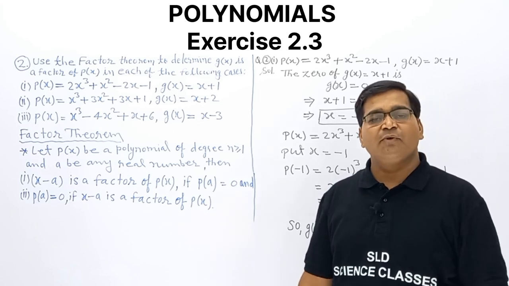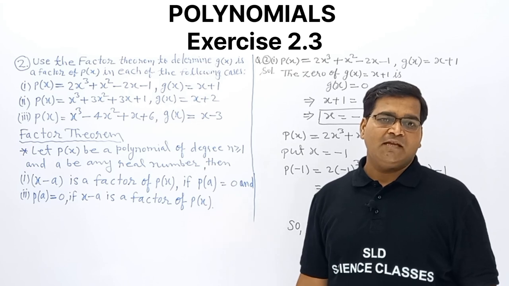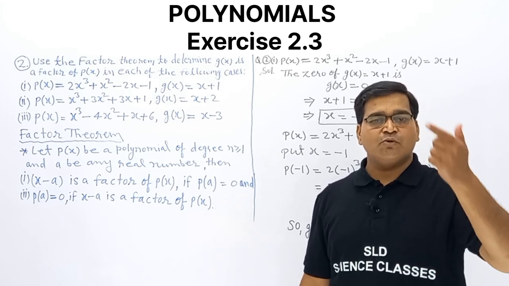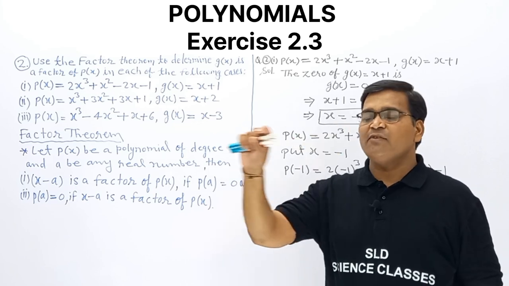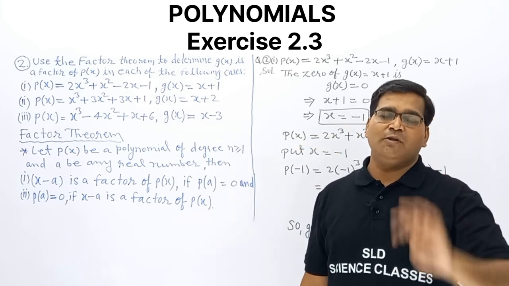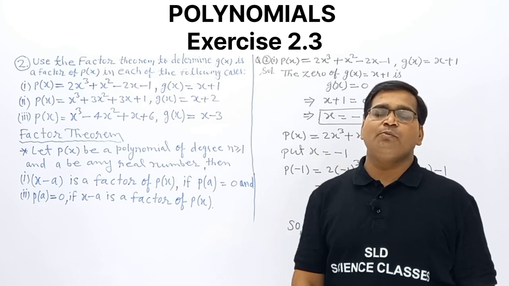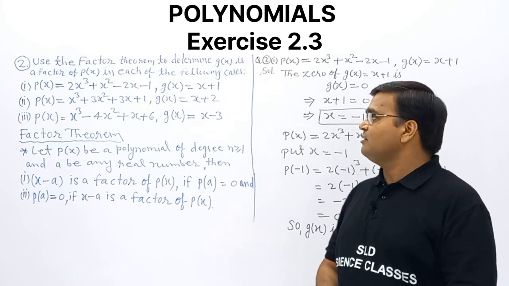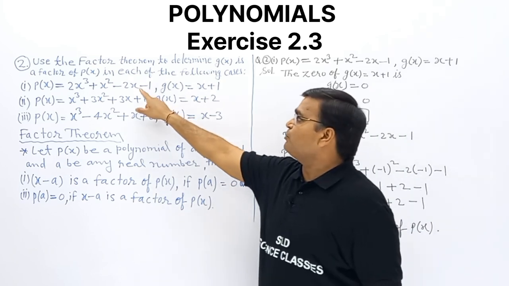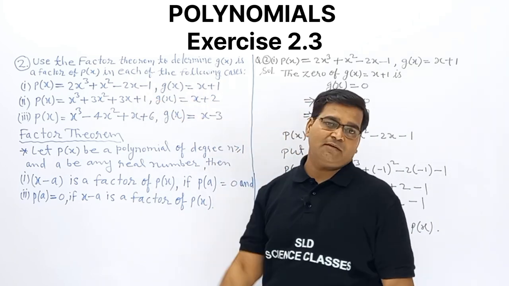In question number 1 of this exercise, we had one factor and four polynomials. We checked whether each polynomial had the given factor or not. But in this question, each polynomial has a separate factor.